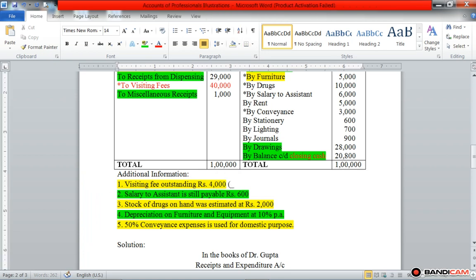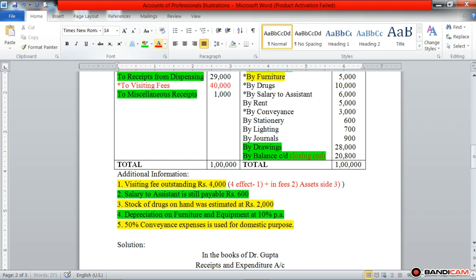First effect, add in visiting fees. Second effect, asset side.